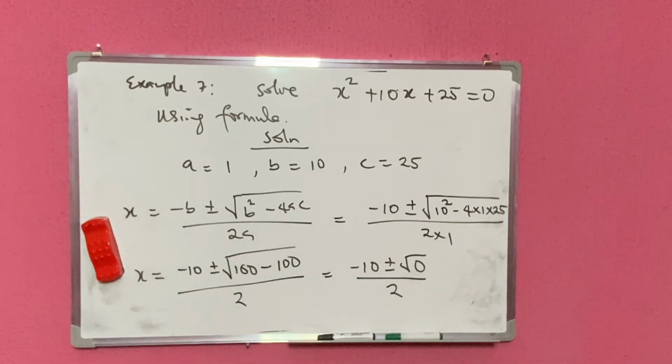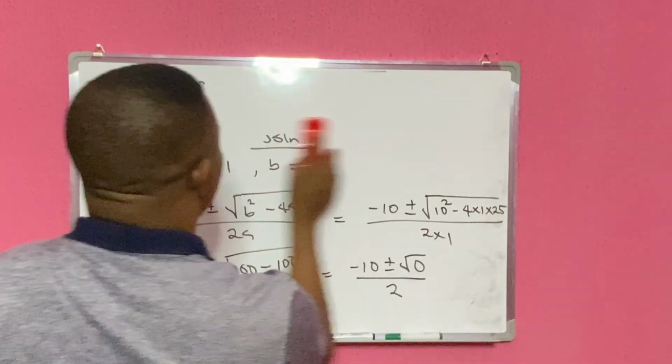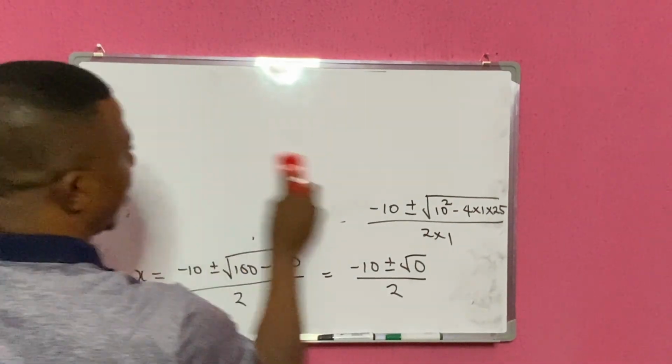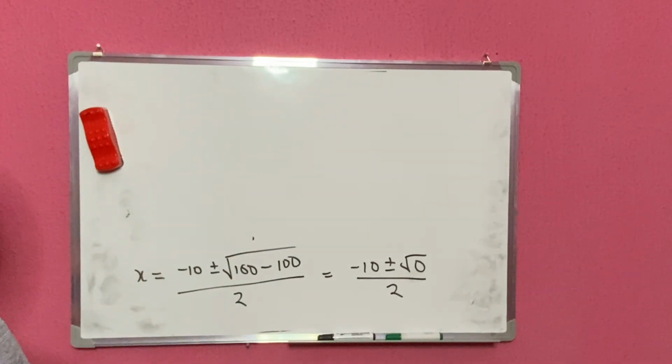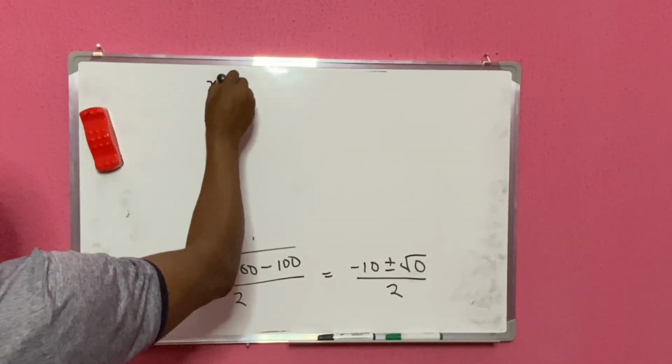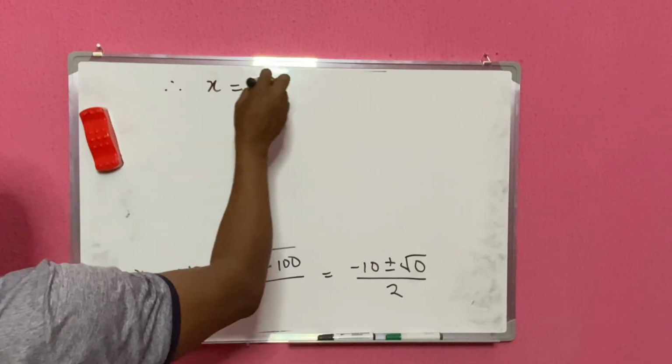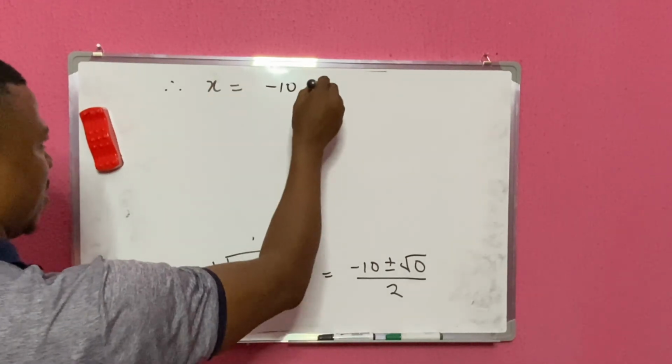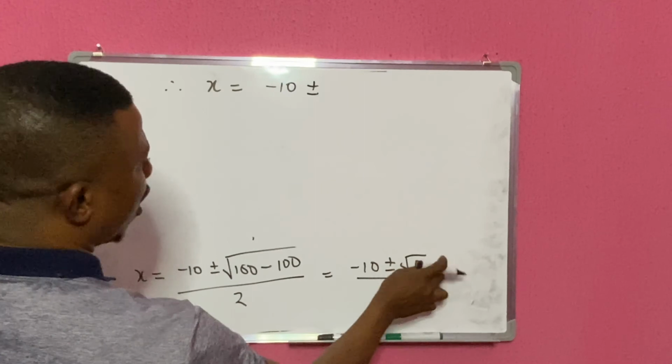Is that clear? As you can see, x becomes minus 10 plus or minus the root of 0, which is 0, over 2.